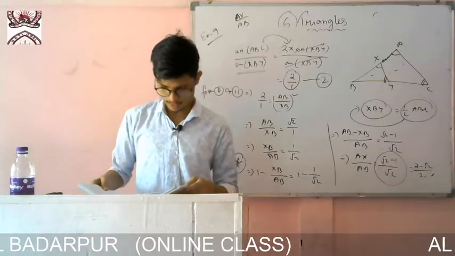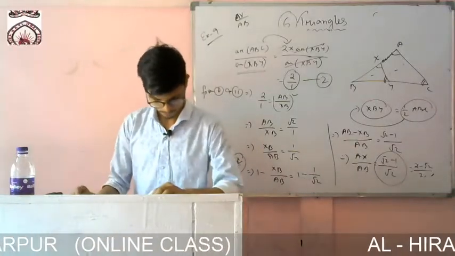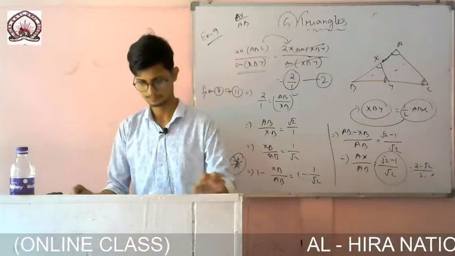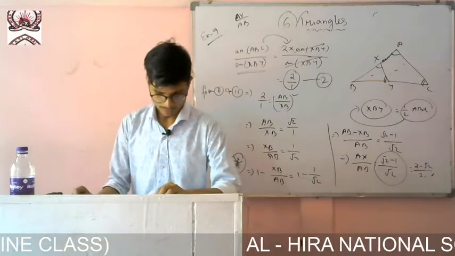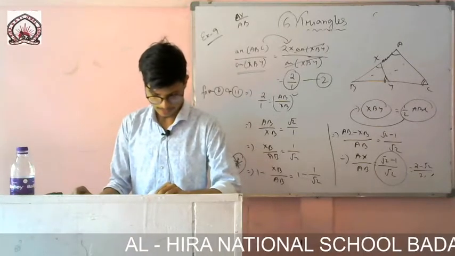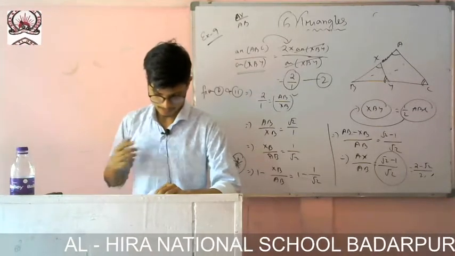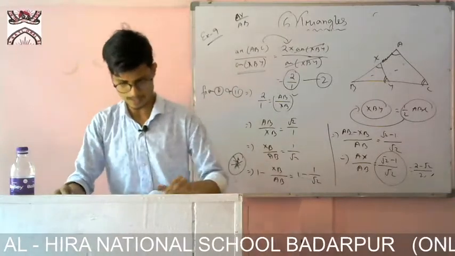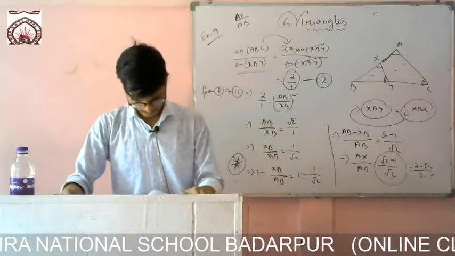So now let us go to exercise 6.4. What is given here? Let the two triangles be similar and their areas be respectively 64 cm square and 121 cm square.